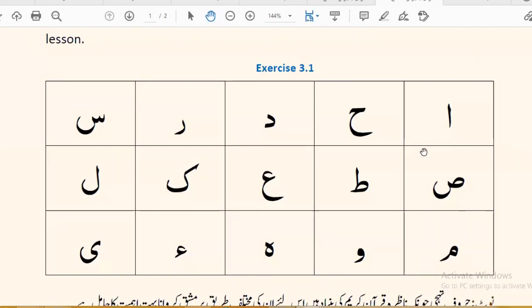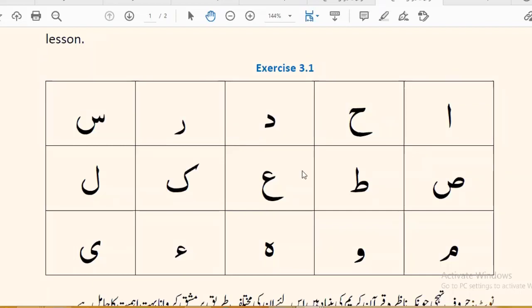G1834. G1834. Assalamu alaikum. G1834, can you hear me? G1834, are you there? If not, we can move on to another student.